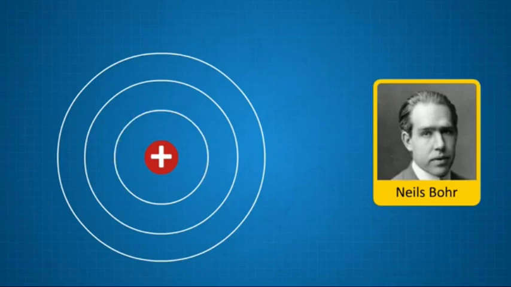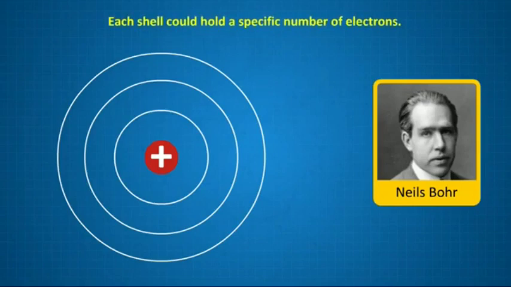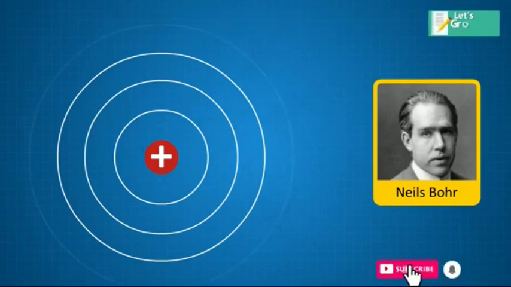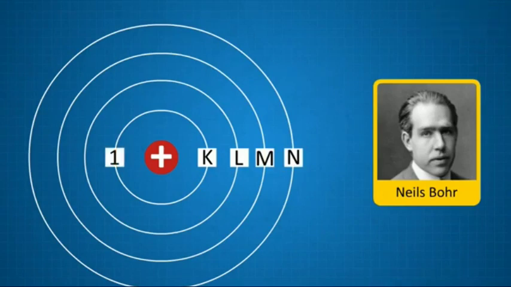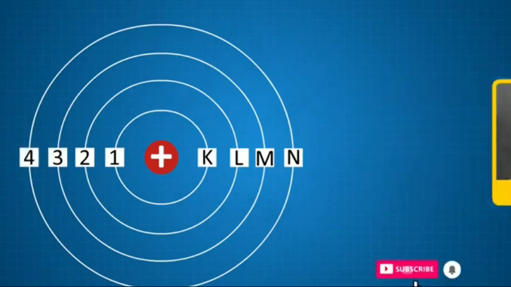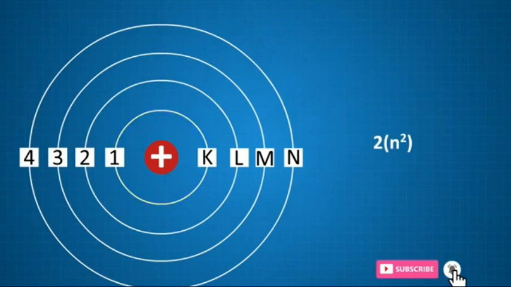He also introduced the theory that each shell could hold a specific number of electrons. This was explained by naming the shells alphabetically, K, L, M, N, and so on. Each shell was subscripted with a number from the nucleus, as n equals 1, n equals 2, and so on. He provided the formula 2n² to determine the number of electrons in each shell.